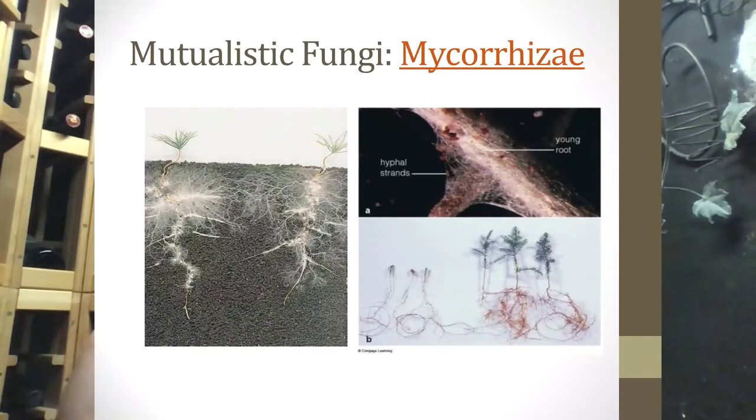Down in the picture at the bottom, B, you can see on the left side plants without mycorrhizae, and they're very much reduced. And on the right side, I'm sorry, did I say left? I'm not sure if I said left side before of B. So that's on the left side. On the right side, you see plants that have mycorrhizae, and they're doing much better. They're growing much better.